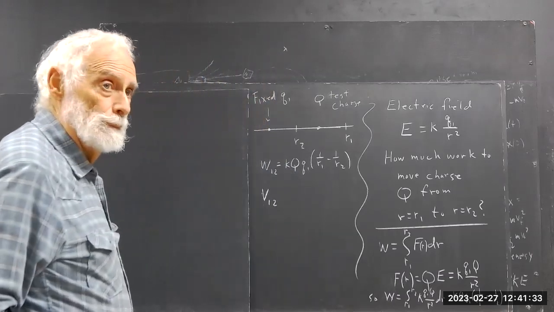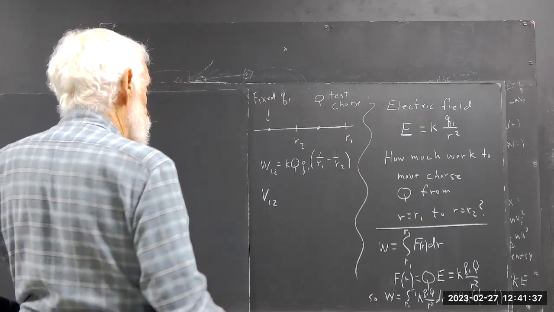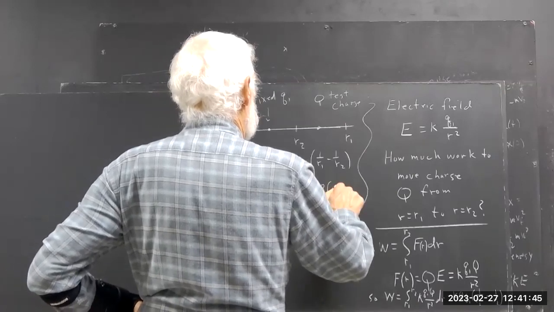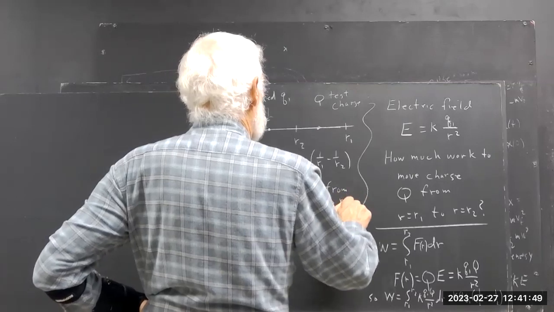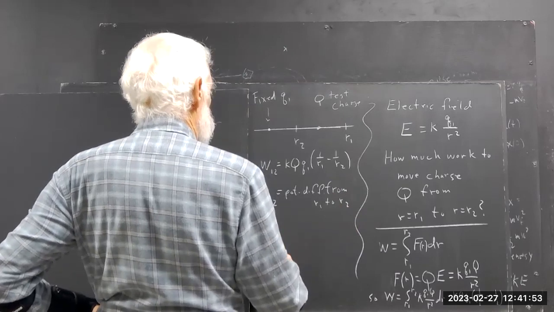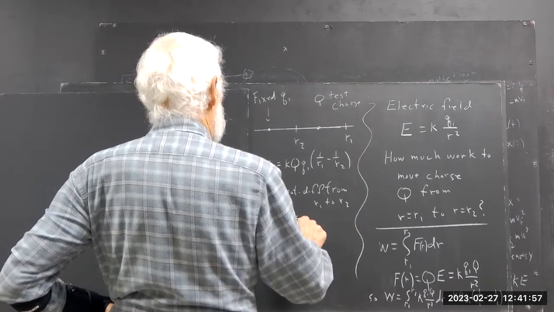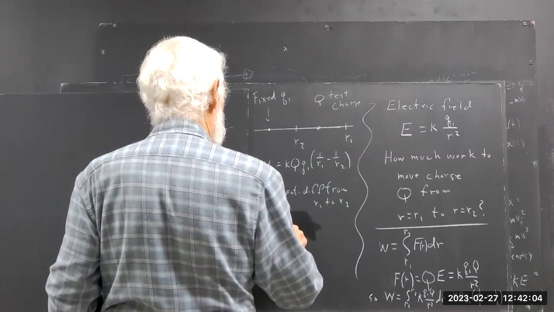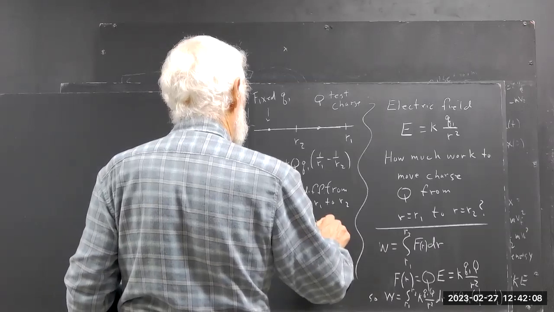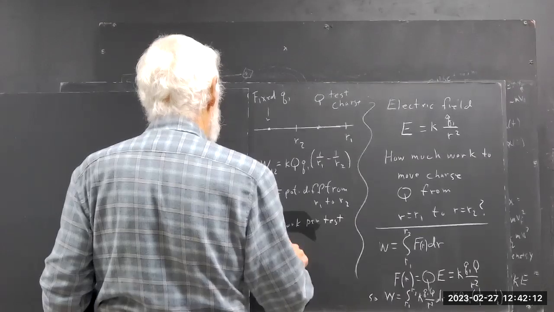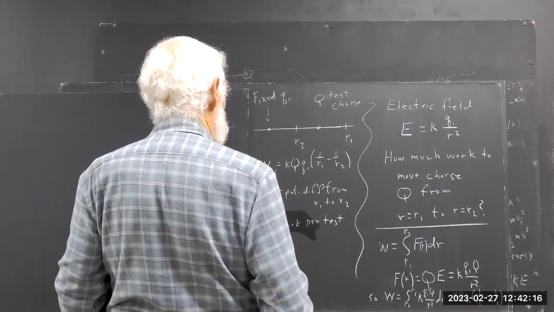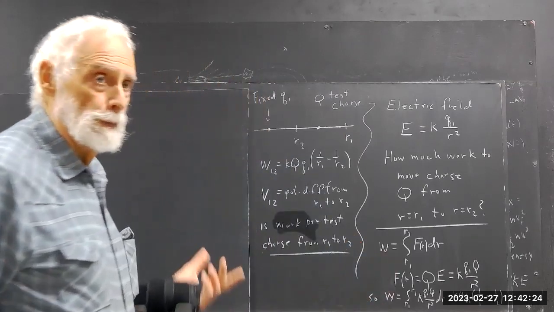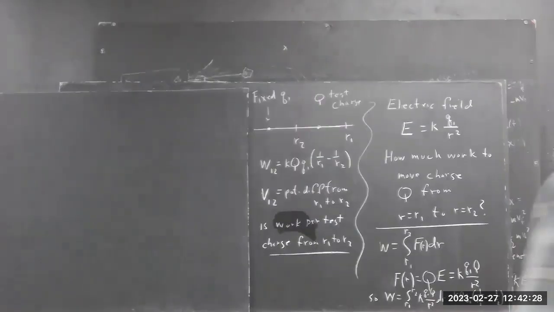Voltage 1 to 2, which is the potential difference, is the work per test charge from R1 to R2, or per unit test charge.